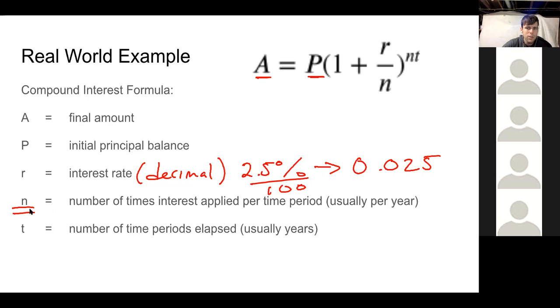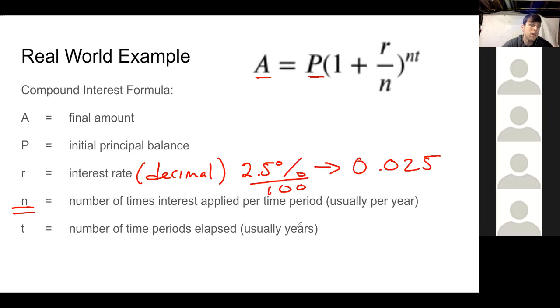N, this one's a weird one that people a lot of times don't understand unless they've done some sort of investment account stuff. It's the number of times that the interest is applied over some sort of time period. Usually that time period is years. So a lot of times when you're investing in some sort of thing like this, it'll say your investment is going to compound monthly.